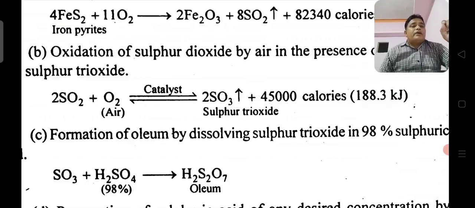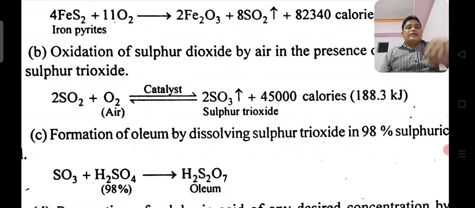For the catalytic oxidation of sulfur dioxide to sulfur trioxide, vanadium pentoxide is preferred as a catalyst, as it is quite efficient, cheap, and does not get easily poisoned. So this is the second technical condition, that is, the effect of catalyst.